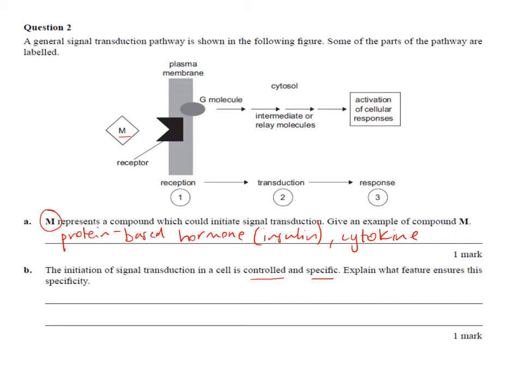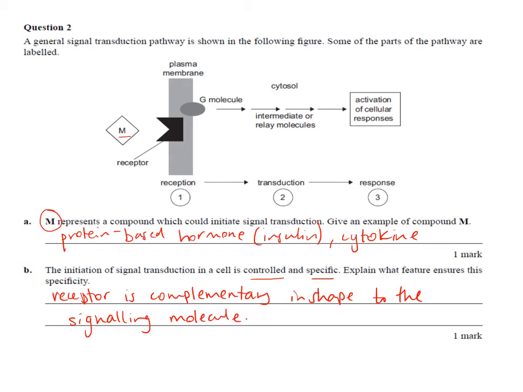And hopefully you know that that is the fact that the receptor is complementary in shape to the signaling molecule. So exactly the same as when we looked at things like the enzyme substrate complex. They have to be the same shape for it to be specific.